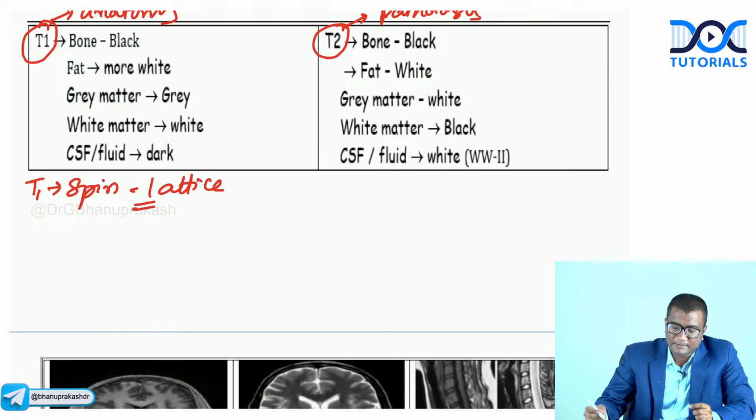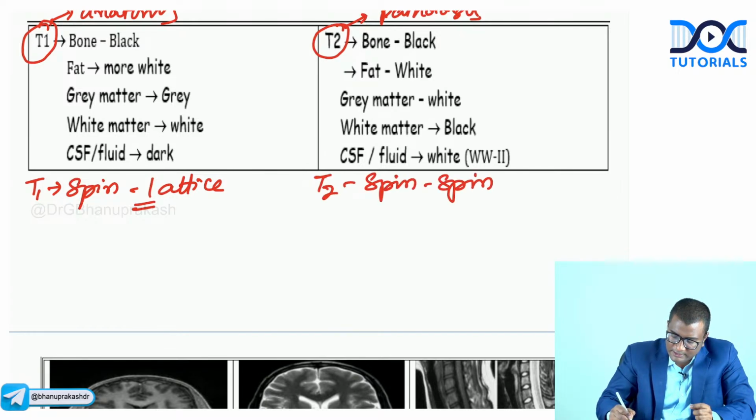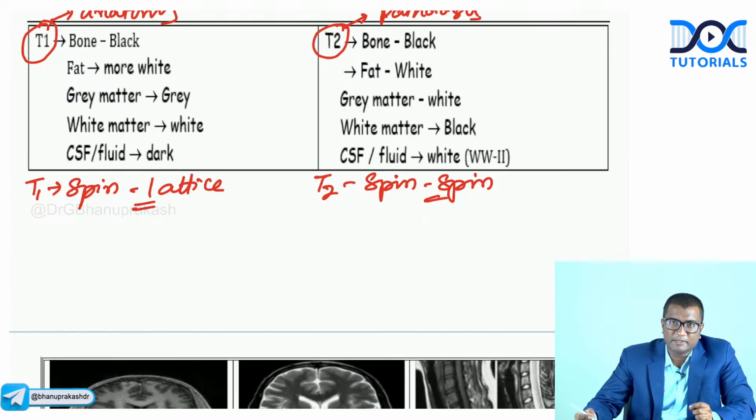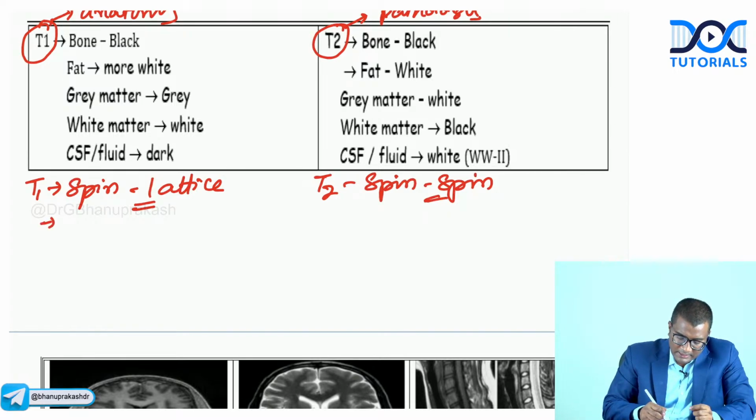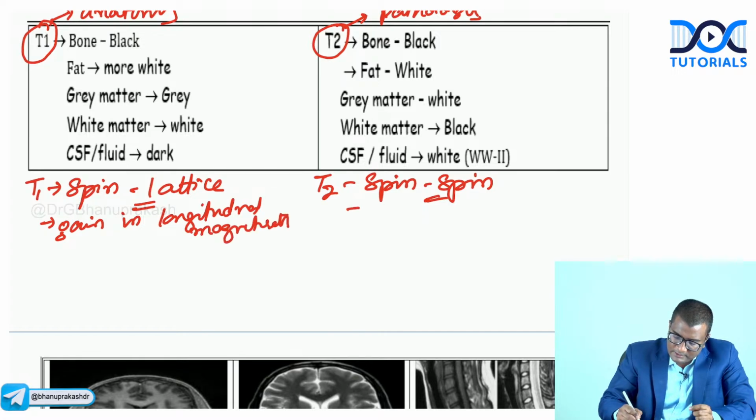Remember L for lattice. T2 is spin spin interaction, the word spin coming two times. T1 is L for longitudinal, gain in longitudinal magnetization. T2 is loss of transverse magnetization.